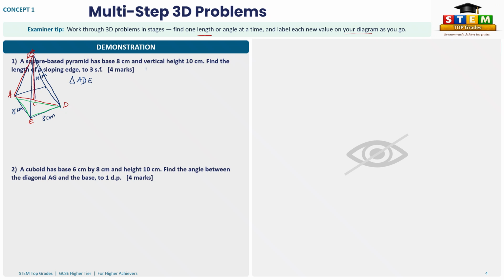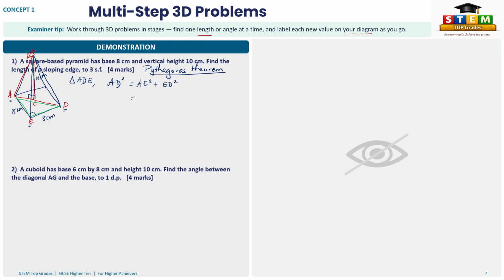I will be using Pythagoras theorem, and you will have spotted that we are working with right angle triangles all the way. Both triangles are right angle triangles, which means they are fit for Pythagoras theorem. So going back to the triangle, looking for the side AD, AD squared is going to be AE squared plus ED squared.